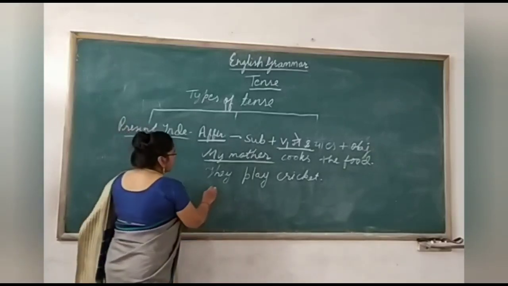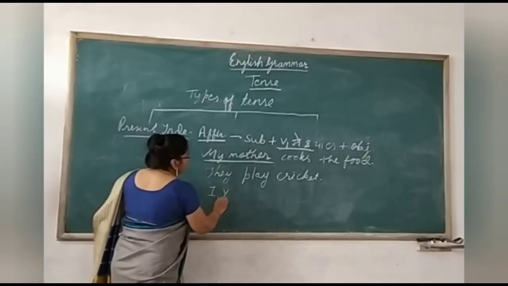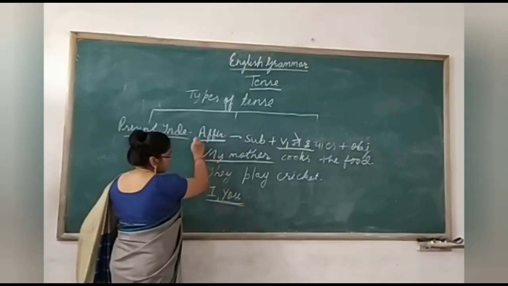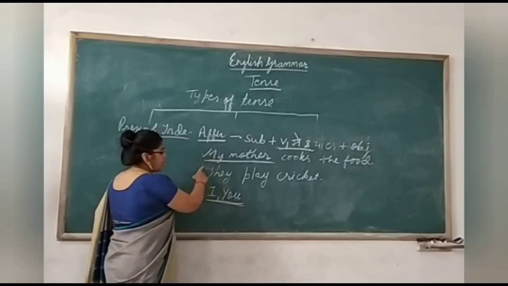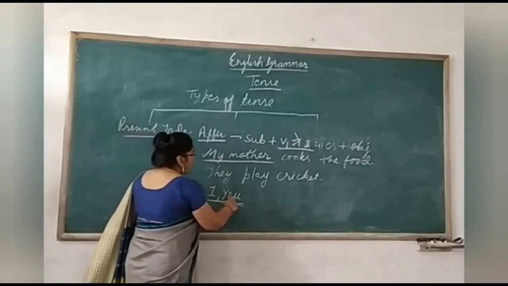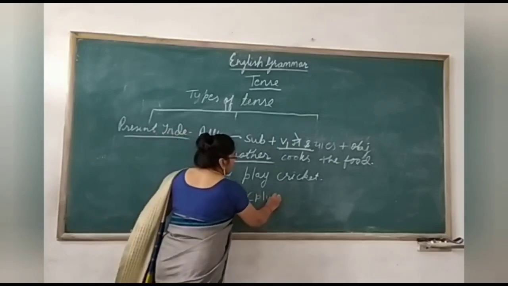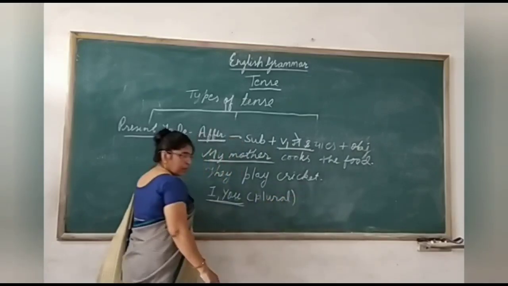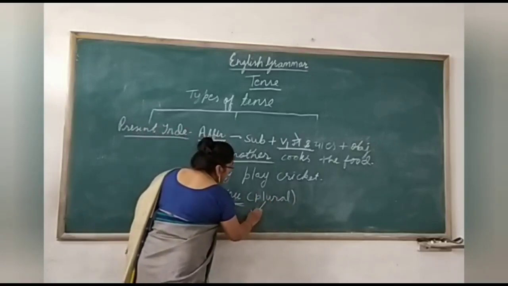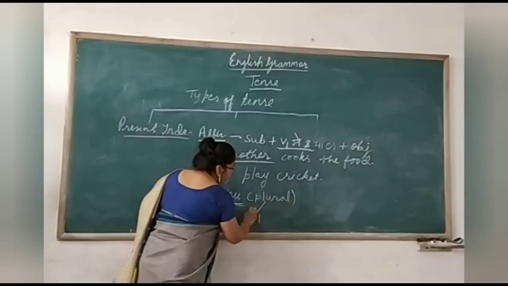Suppose that if I take I and you pronoun, or children, this you have to remember in this present indefinite tense affirmative sentence: when you take I, you and plural noun or pronoun, then your verb will always remain in first form.